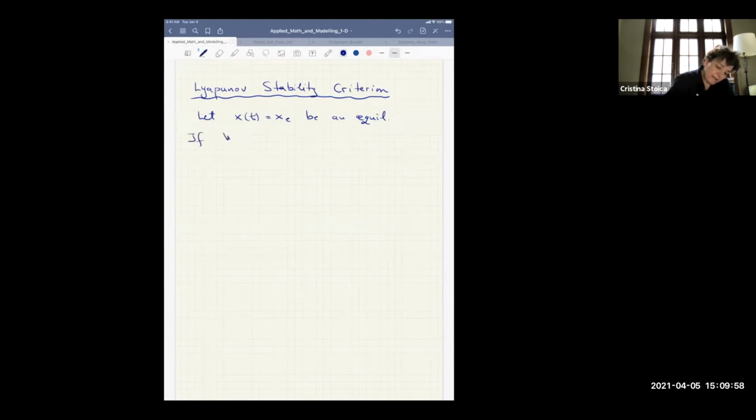If there is W defined on a neighborhood of xc such that one, the first two conditions are the same.